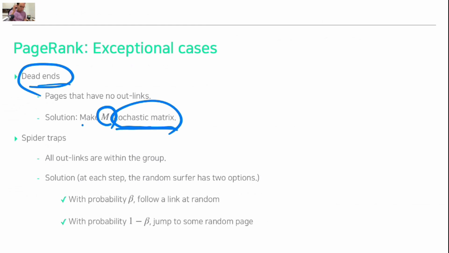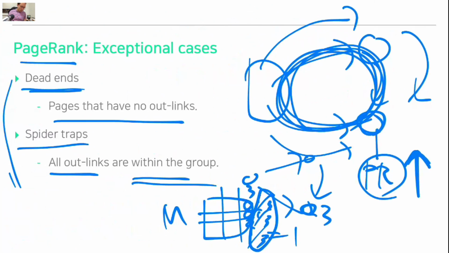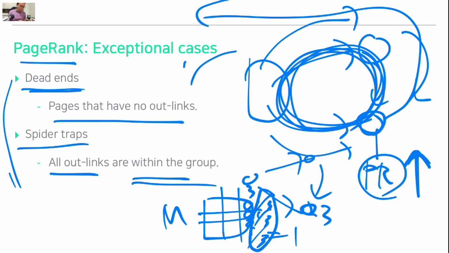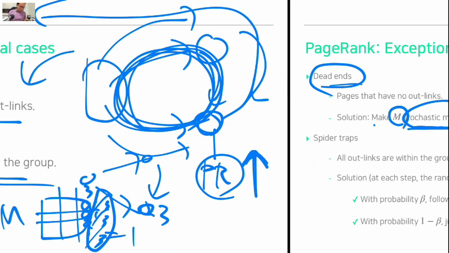This is the same as randomly wiring toward all the nodes available in the web. So this helps to escape from the dead end.